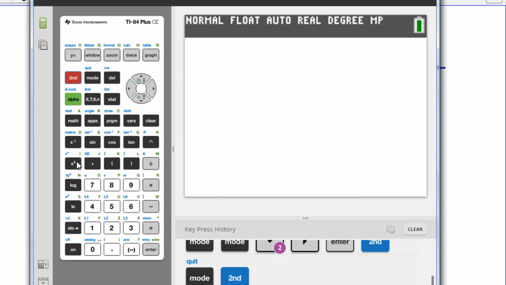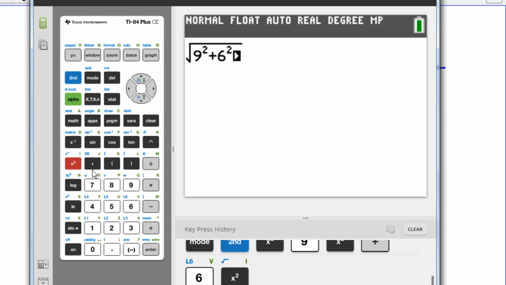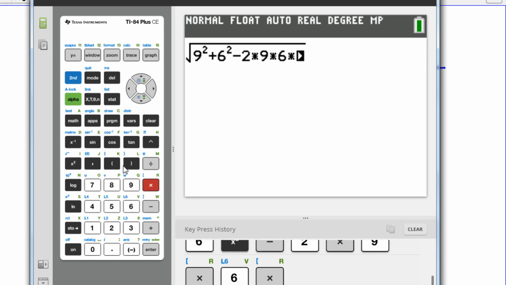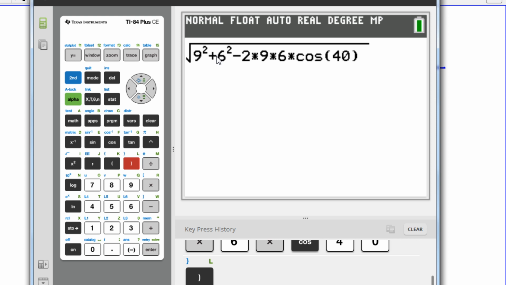So we get the square root of 9 squared plus 6 squared minus 2 times 9 times 6 times cosine 40 degrees. And let's see if everything is there.